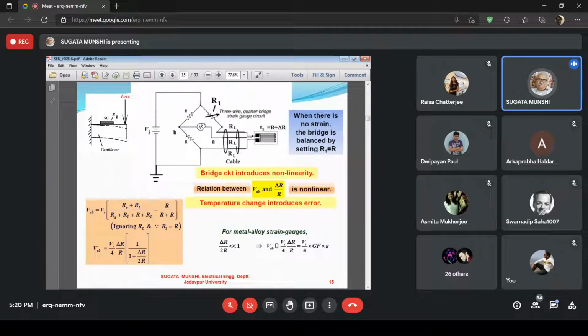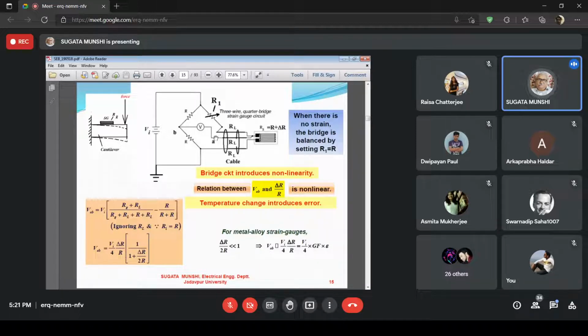If you use direct readout method, here you will have some voltmeter, or it can be taken to some data acquisition system. Normally, direct readout method is used nowadays. Therefore, from the strain gauge, a 3-core cable has to be brought in. Why is this 3-core cable required?